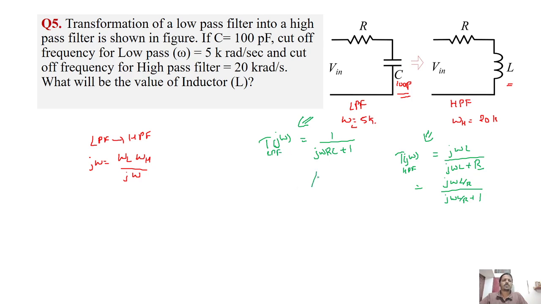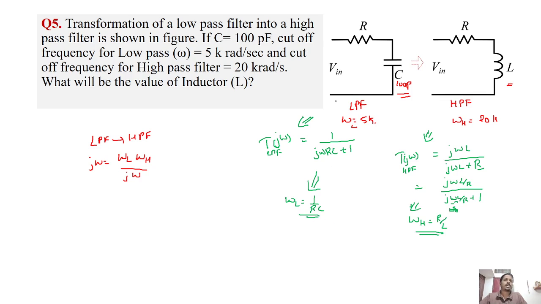Okay, so what is the cutoff frequency of the low pass filter here? Omega L is given as 1 by RC. And what is the cutoff frequency of the high pass filter? Omega H is equal to R by L. So this is the cutoff frequency of the high pass filter, and this is the cutoff frequency of the low pass filter.